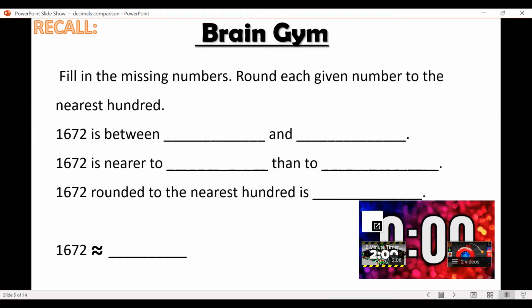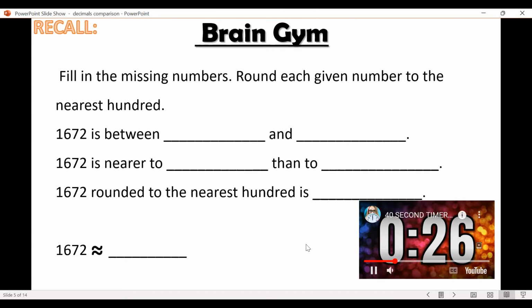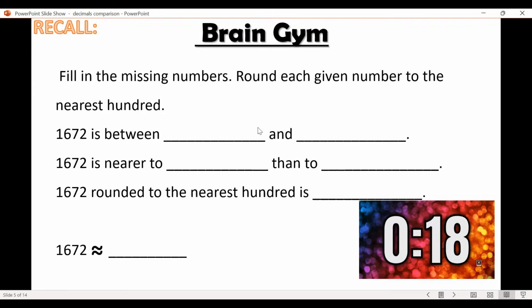Okay, do you need more time? I'll give you another 20 seconds. Okay, so we are revising rounding for whole numbers.